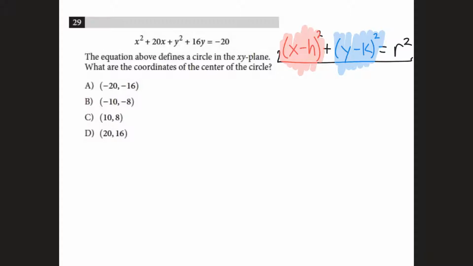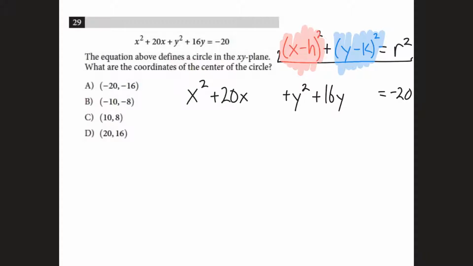The first thing we do is group our x's and our y's together. That's already the case, but I'm going to leave a little bit of extra room between my x's and my y's, and a little room after my y.